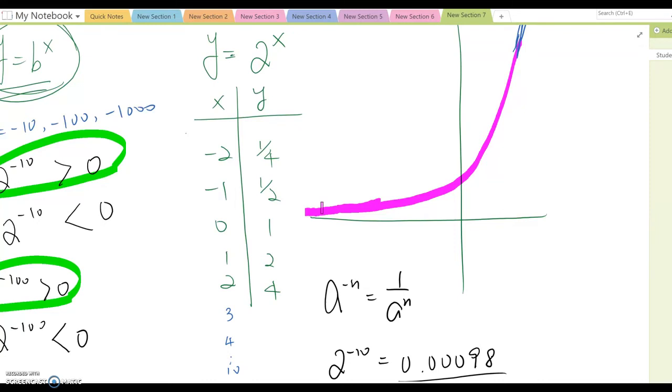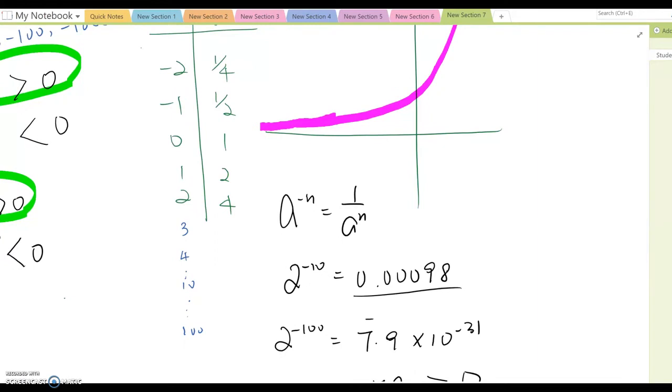Since this curve never crosses the x-axis, this x-axis line is our horizontal asymptote.